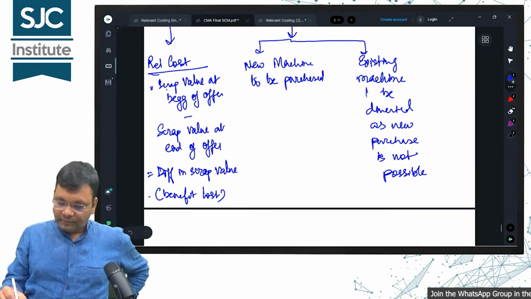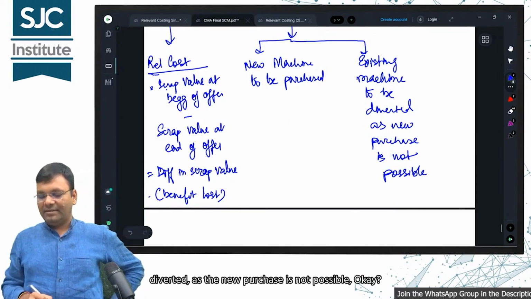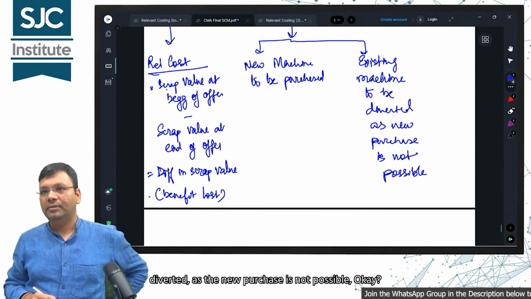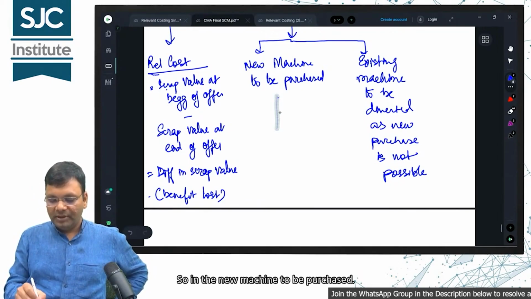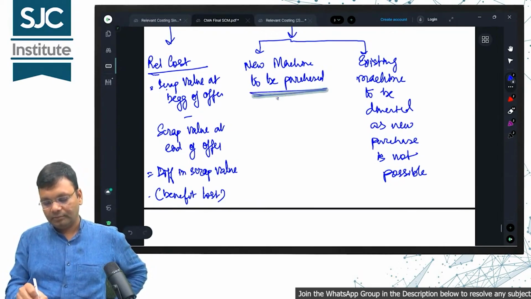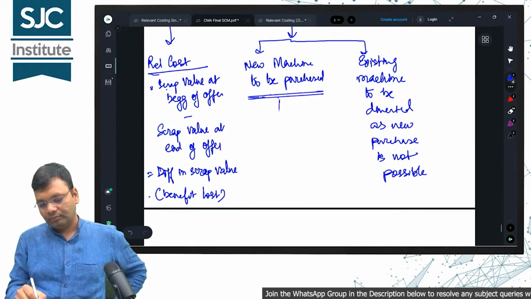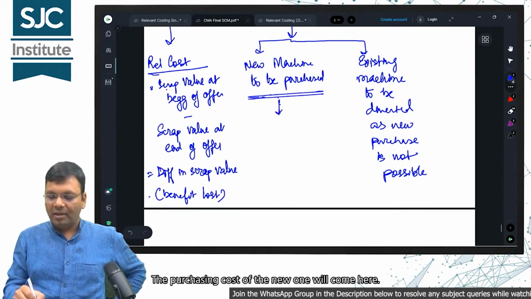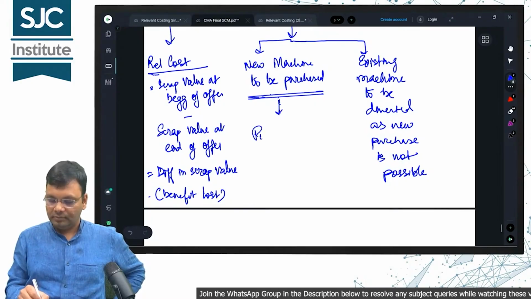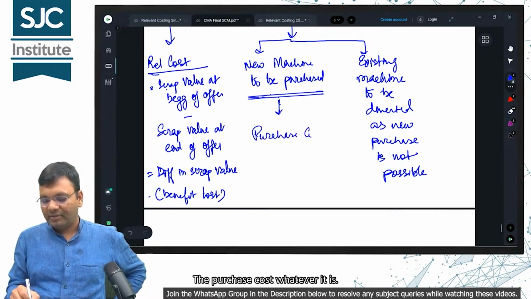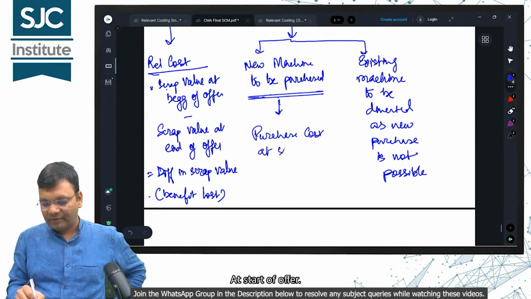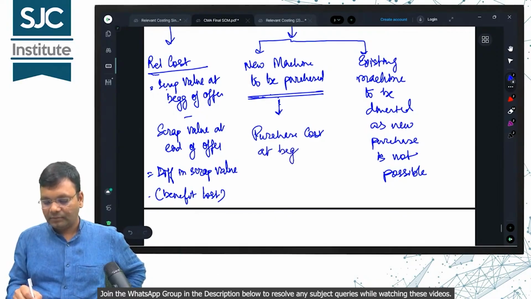In the new machine to be purchased, the purchasing cost of the new one will come here. The purchase cost, whatever it is, at the beginning of the offer.